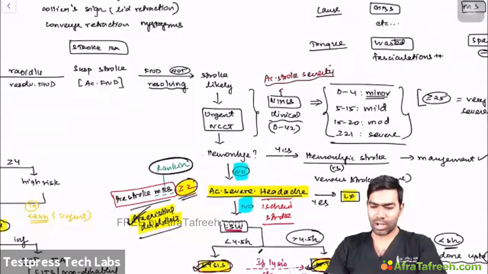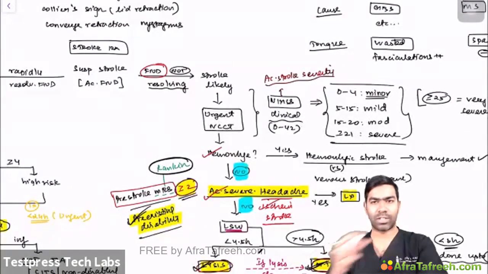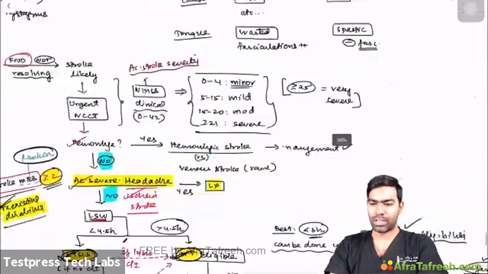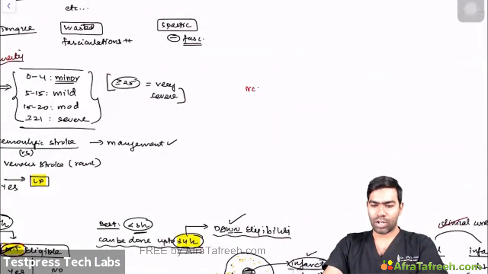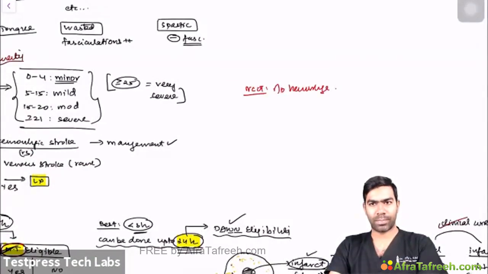So if the patient is not having any hemorrhage evidence in the CT and no acute severe headache in the history, straightforward, this acute FND, I'll be taking as an ischemic stroke unless put otherwise. The role of non-contrast CT is not to diagnose an ischemic stroke. The role of non-contrast CT is basically to rule out a hemorrhage.